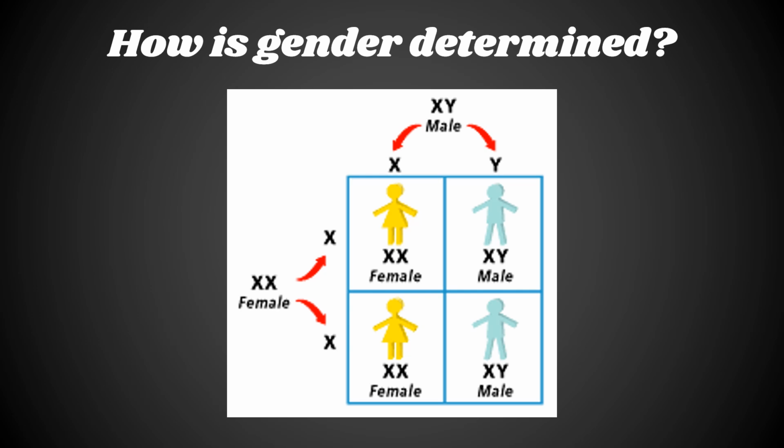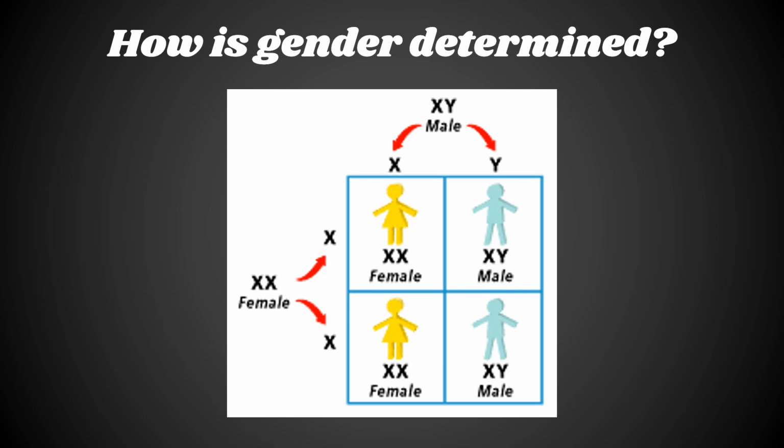One question you may have been wondering is how gender is determined. Recall that females have two X chromosomes and males have one X and one Y chromosome. Since females only have X chromosomes to pass on, all offspring get an X chromosome from the female. Since males have one of each chromosome, they are the ones who determine the gender of the offspring.